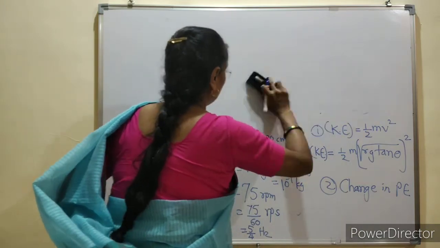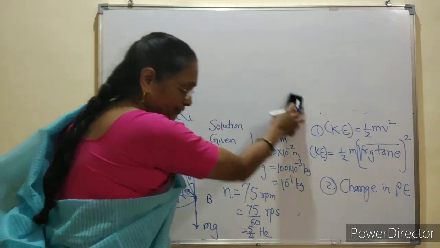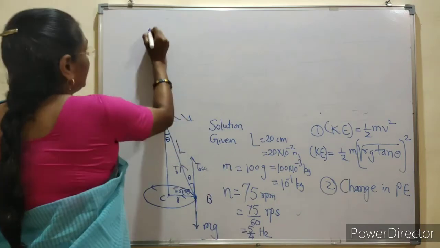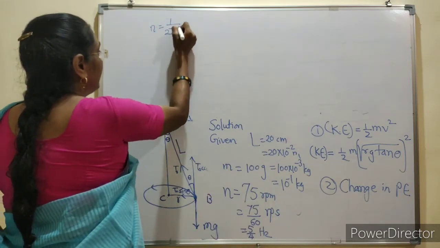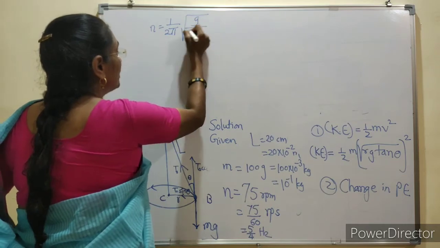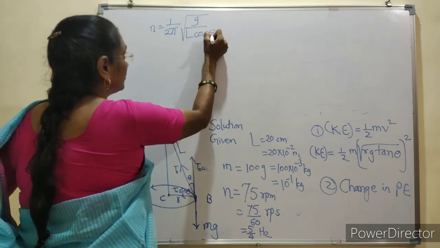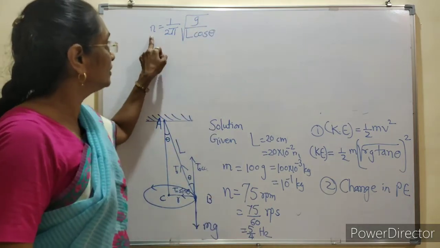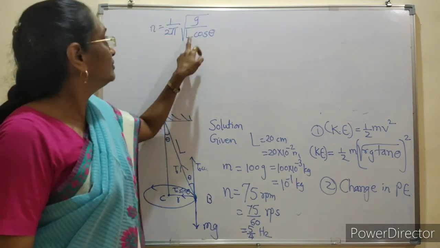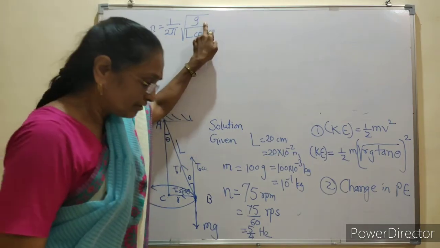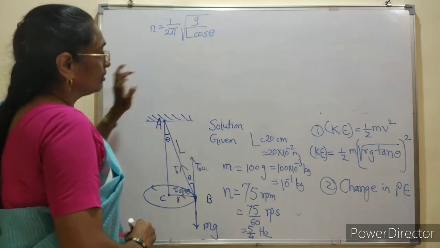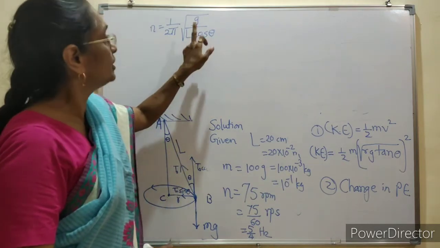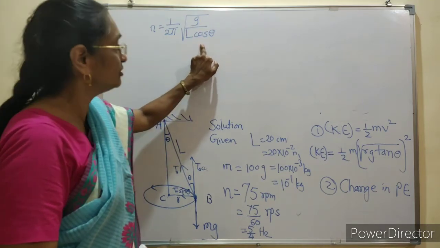We have n is equal to 1 upon 2 pi under root g upon L cos theta. Because n is given, L is given, and g we can take, therefore here we can solve for cos theta. Once we know cos theta, we can find sin theta and tan theta.